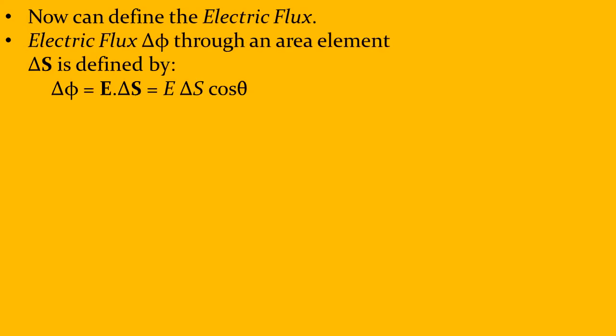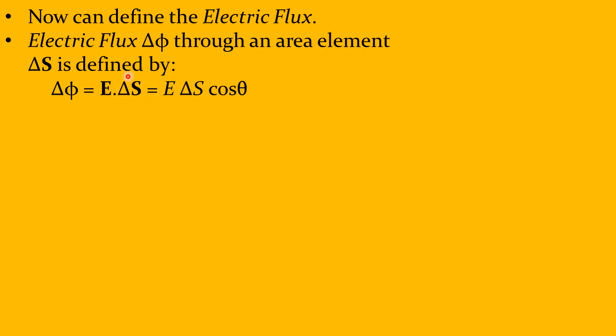Now, we can define the electric flux delta phi through an area element delta S as the electric field vector E multiplied by the area vector delta S, which we just now discussed.